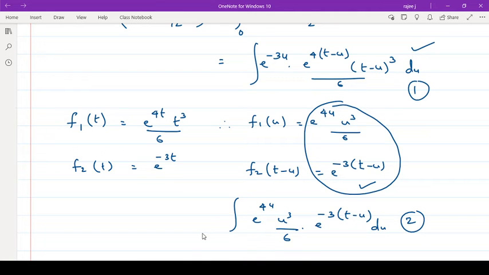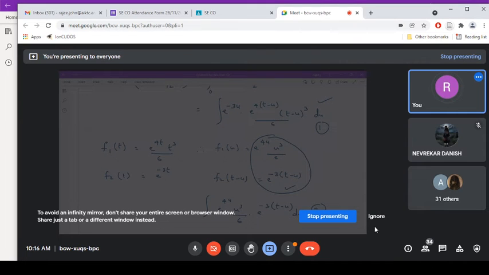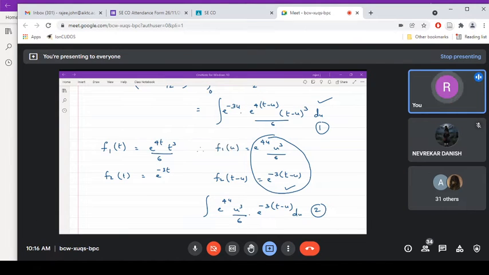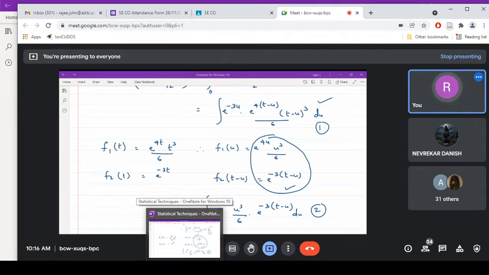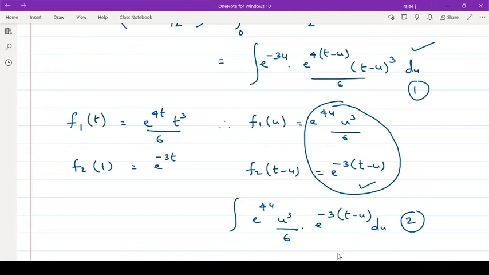The second one will be easy for integration.